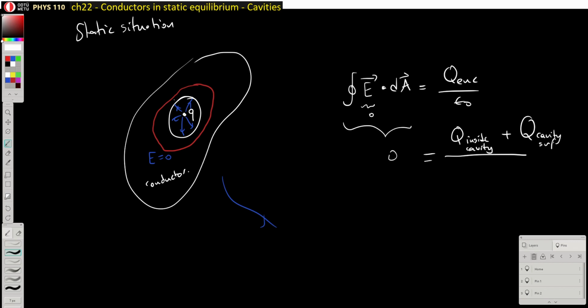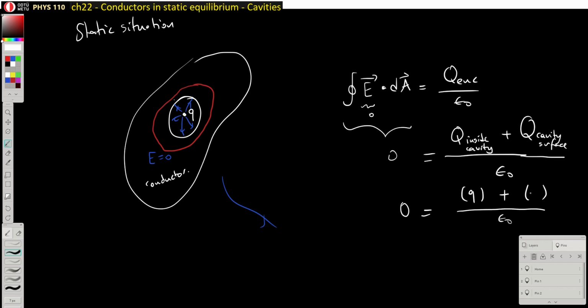That's basically the charge on the conductor. In this situation, for example, the charge inside the cavity is Q, the point charge, and so there has to be some kind of surface charge on the cavity so that their sum becomes equal to zero.